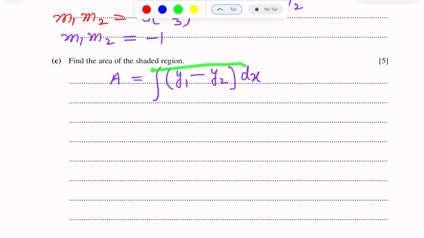This is the formula for area when the shaded region is bounded by the line and the curve.